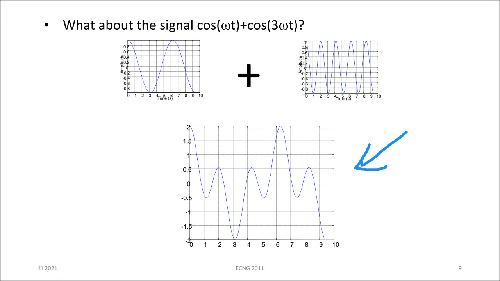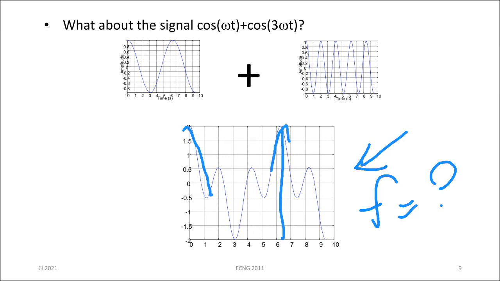What is the frequency of that? Just looking at it, it's kind of hard to tell. You could say the big pulse repeats itself just a little over every 6 seconds, but then we have some other little ones inside of here, and they're repeating themselves differently. So what exactly is the frequency of that?